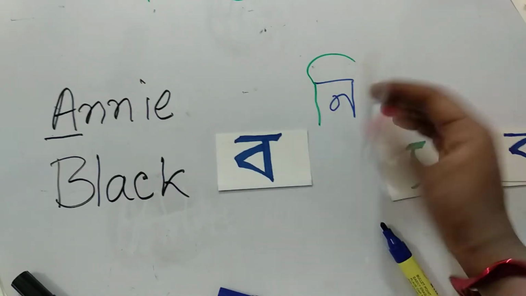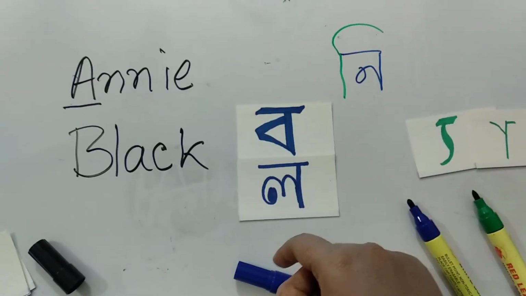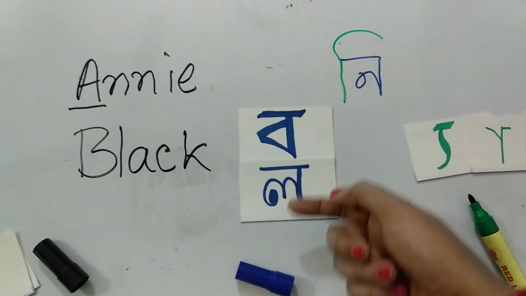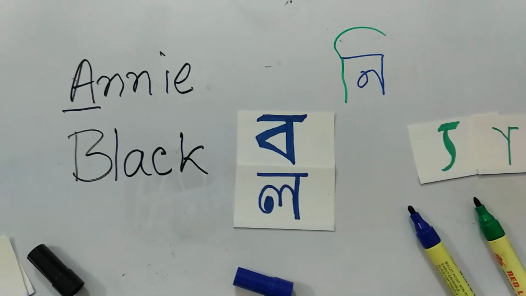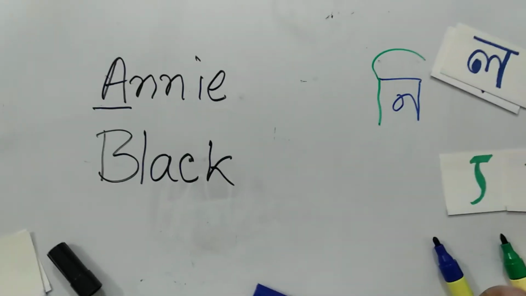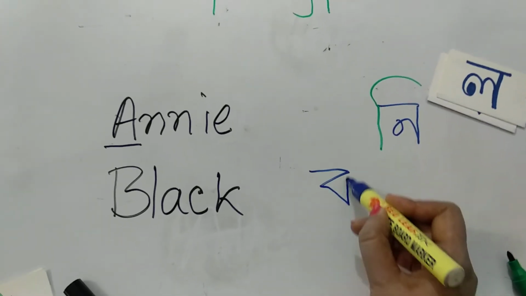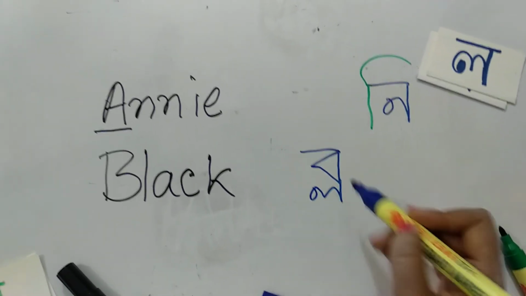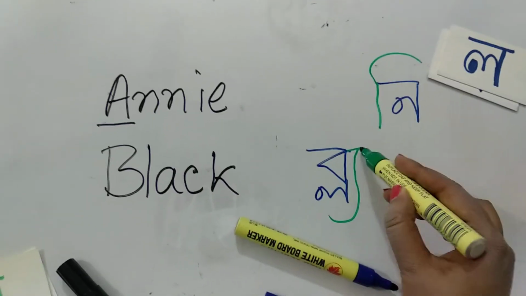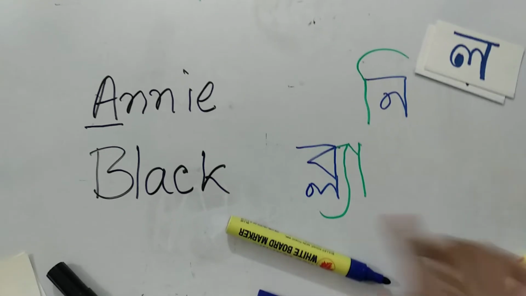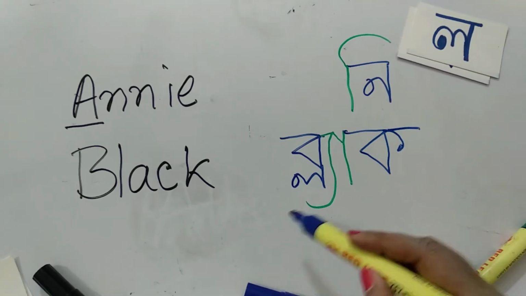So for the consonant clusters, what we do, instead of putting it side by side, we do it in this way. So the second letter, the second consonant goes under the first one. So if I write it, it will be like this. Bo, and then this A sign, black.